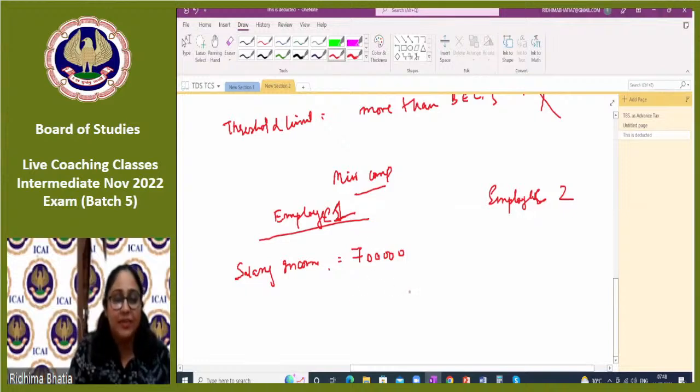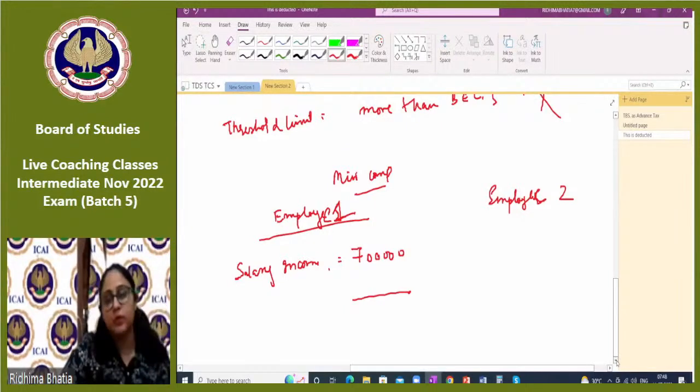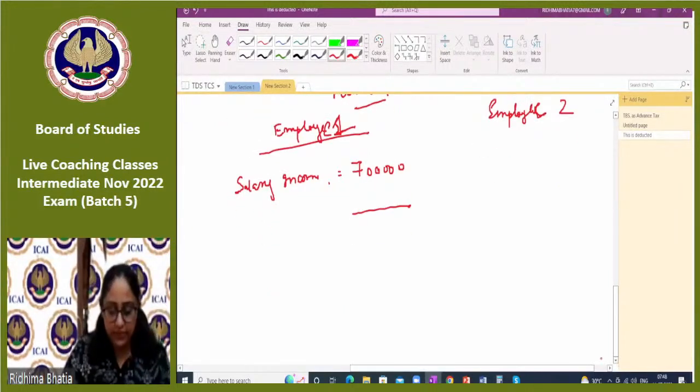7 lakhs. How much is the tax on this? Quickly tell me the tax amount. Where's my calculator? How much is the tax amount on 7 lakh? With cess.